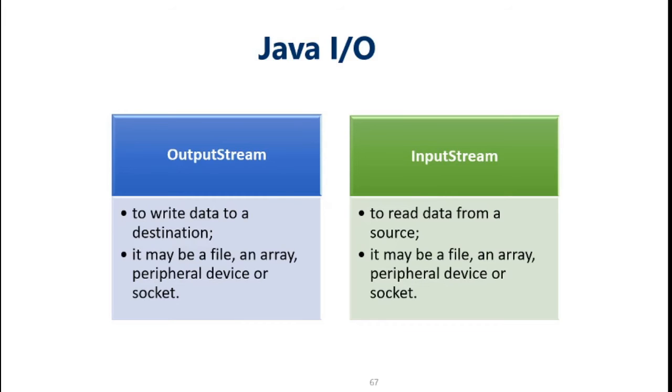In the input stream, the source can be a file, array, peripheral device, or any socket. So we can read data from a file or array or any device or socket. In the output stream, we can write data to a file or array or peripheral device or any socket.